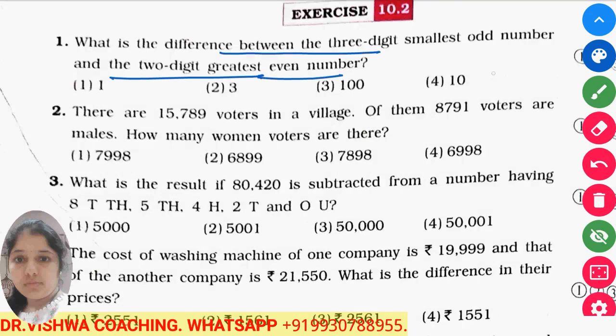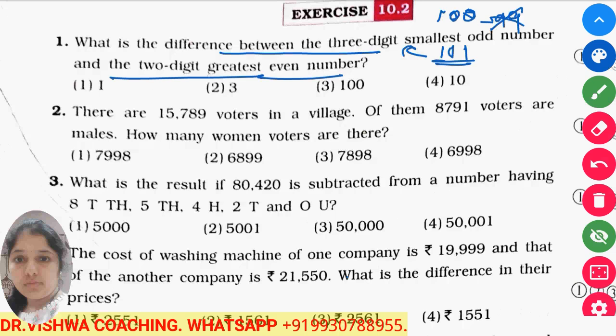First you tell me what is the 3-digit smallest number. The 3-digit smallest number is 100, and we want an odd number. So if we subtract 1 from this 100, we get a 2-digit number. So subtraction is not a correct operation here. So 101 is the smallest 3-digit odd number.